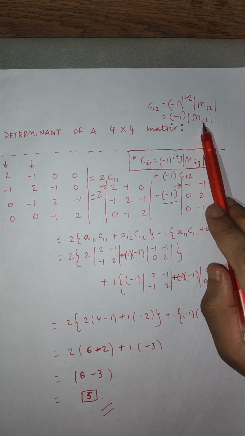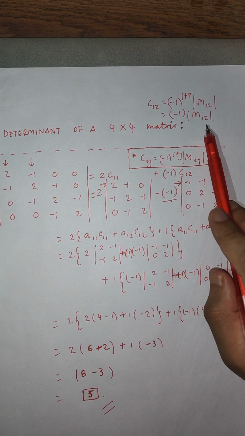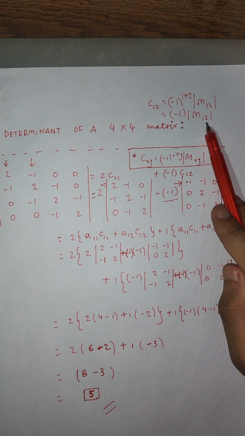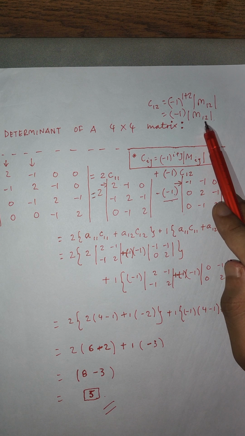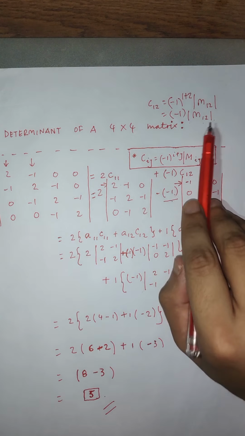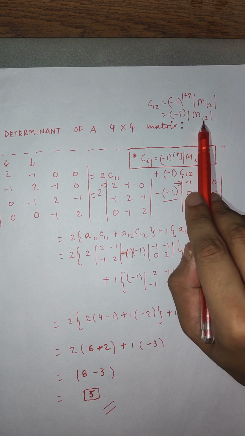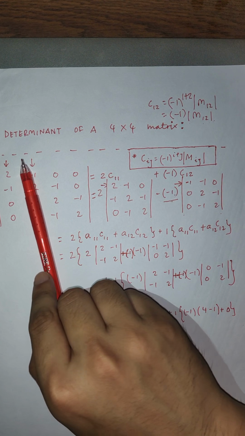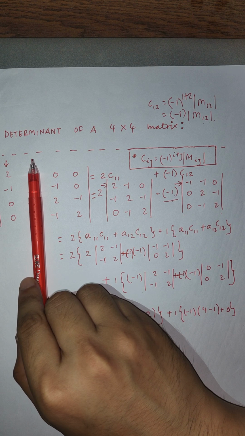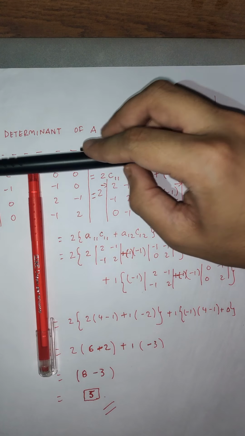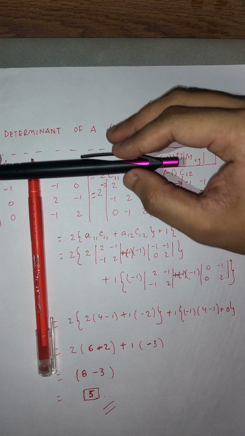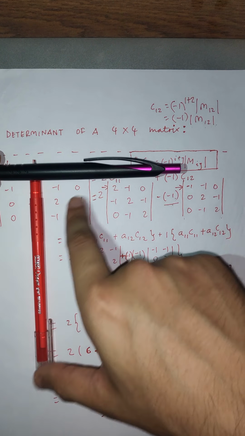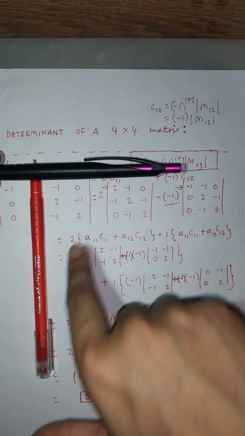So the -1 is right here, and the determinant of the submatrix is right here. So M sub 1, 2 means what we see after we hide the row and column of the 1, 2 position. So we try to hide what we have in the 1, 2 position, and what we see is -1, -1, 0, 0, 2, -1, 0, -1, 2.